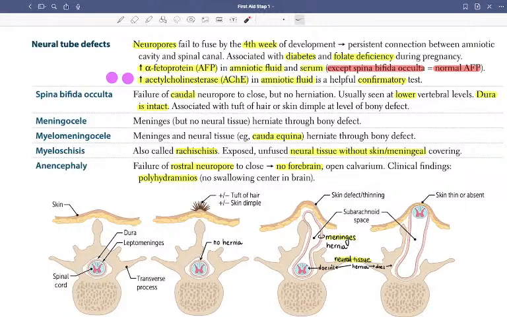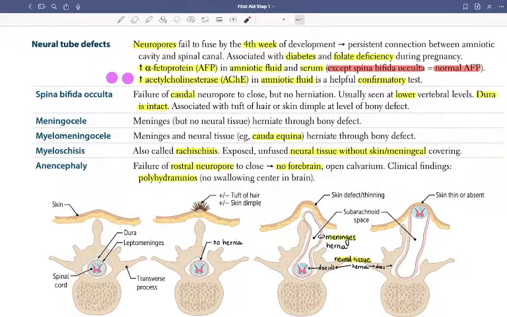In the amniotic fluid and in the serum both, we see AFP. But acetylcholinesterase we see only in the amniotic fluid. So this is very important. Alpha fetoprotein we see in two places.